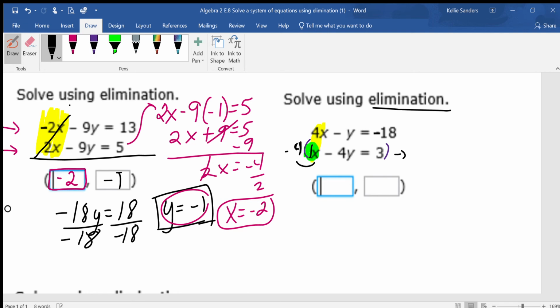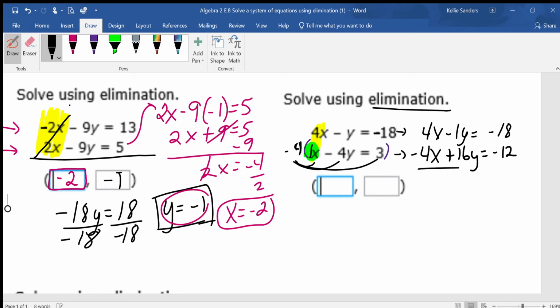But that negative 4 goes with the x, goes to the y, and goes to the 3. Do not forget about the 3. The 3 is still there. Negative 4x plus 16y equals negative 12. We did not do anything to the top equation, so I am just rewriting it.